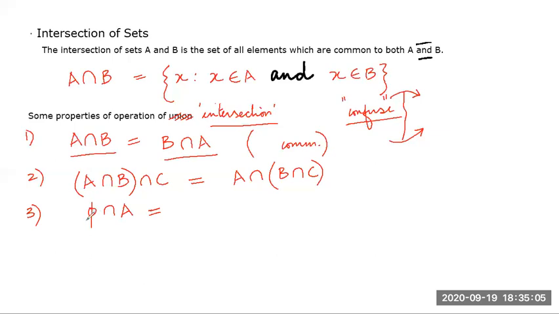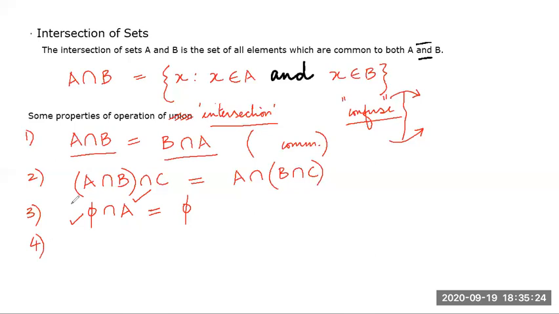Phi means null set. I have to take common elements which are in phi, meaning no element, as well as A. So no element is also there in A. No element is also there in phi set. So I'm going to talk about a set which has no element, that is phi.